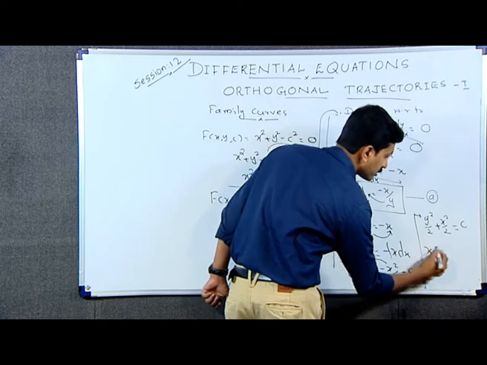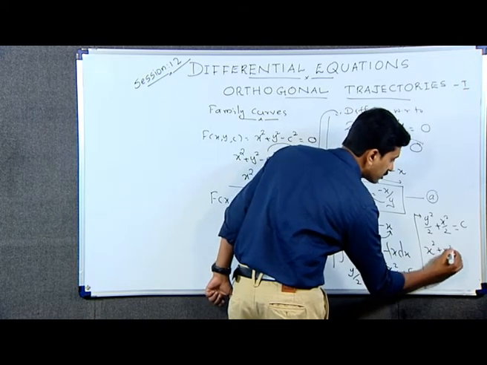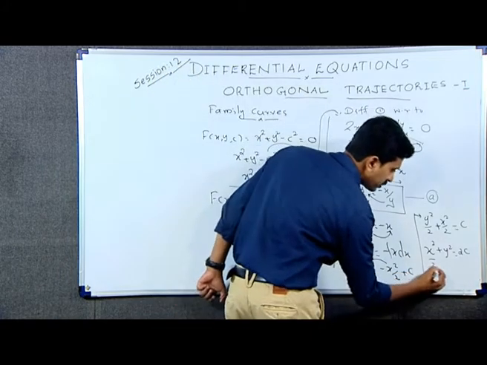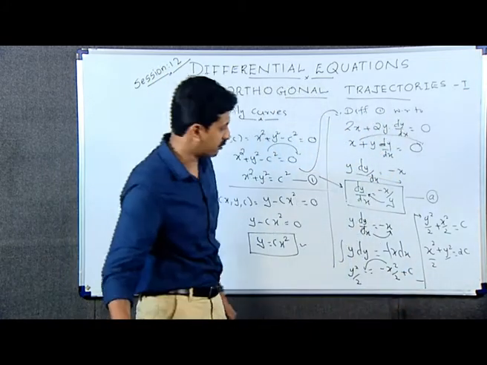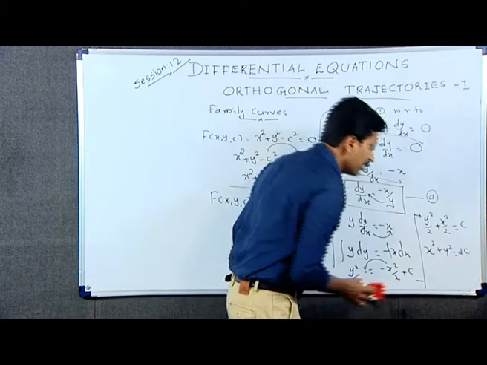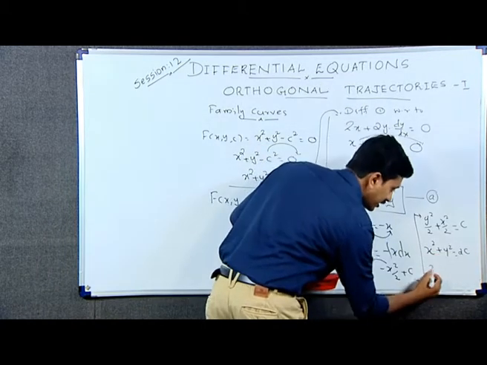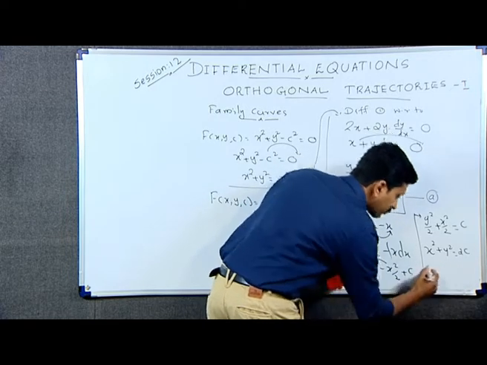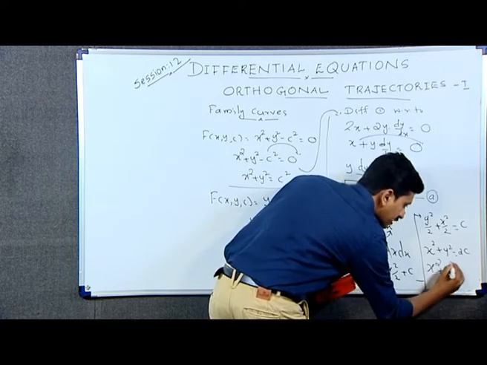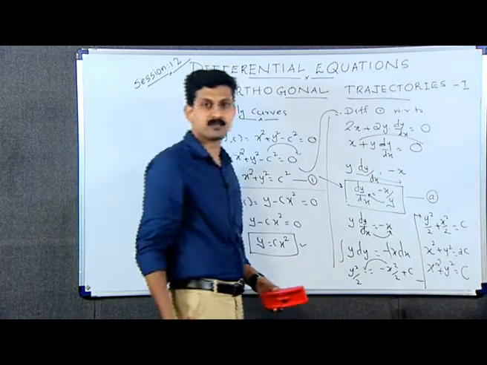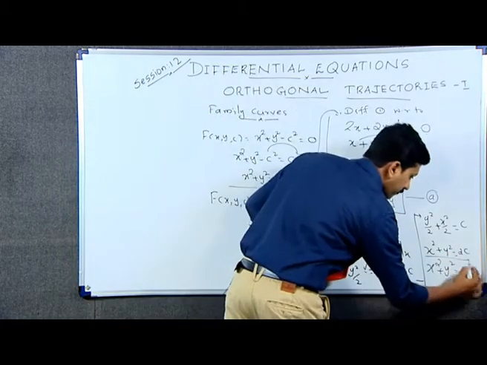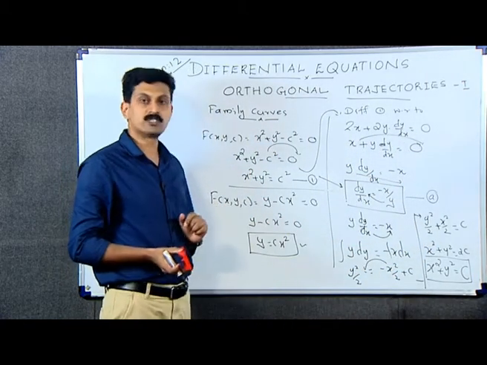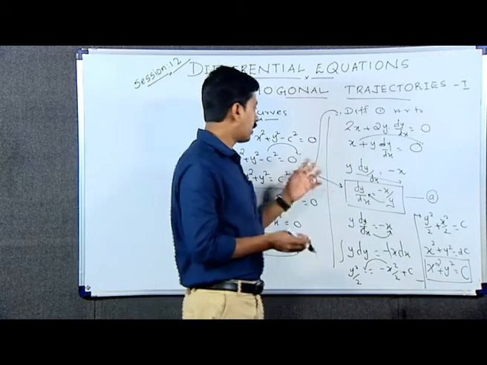So, we can rewrite this as x square plus y square is equal to 2c. I am taking 2c as another c, x square plus y square equal to c.